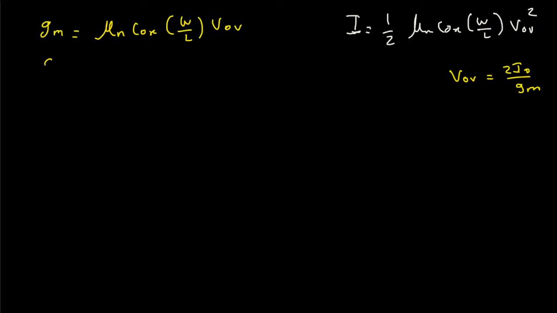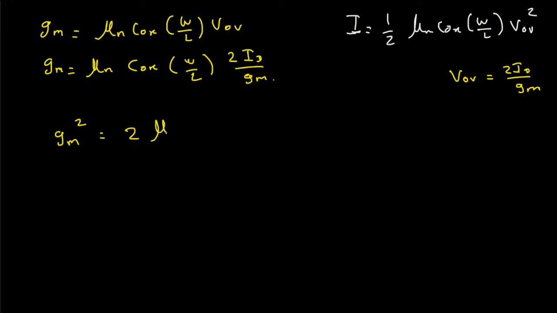So gm equals mu n Cox W over L times 2 ID over gm, and bringing gm to the other side, that's going to be gm squared equals 2 times mu n Cox W over L times ID. Now plug in all the values.